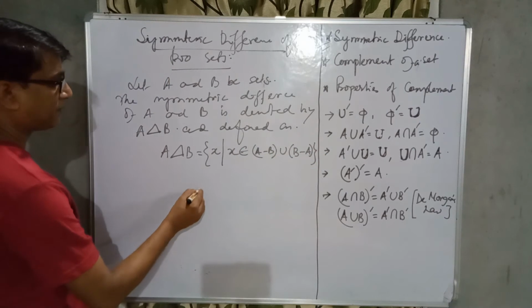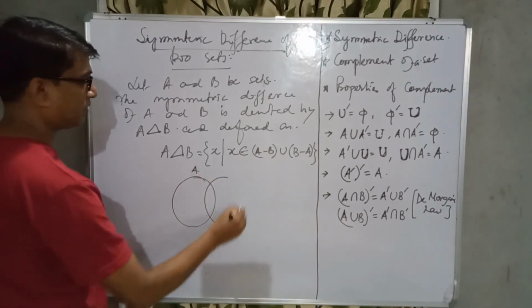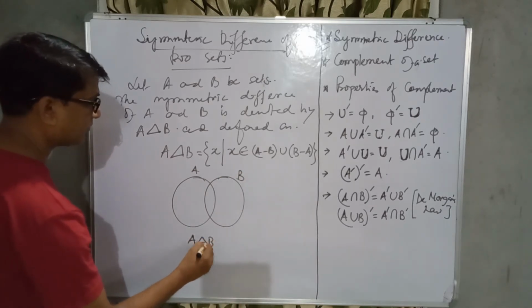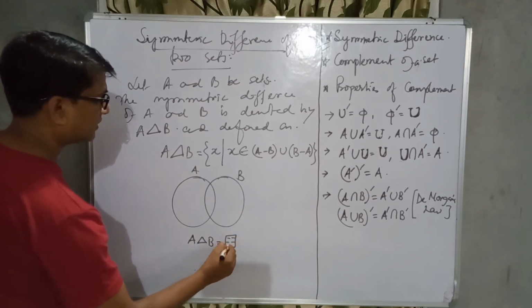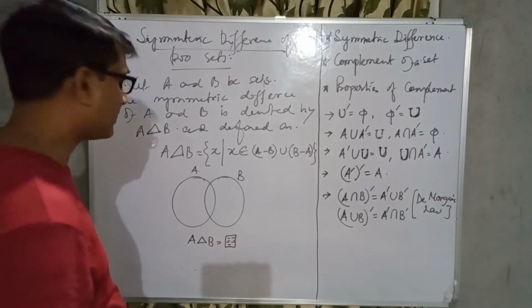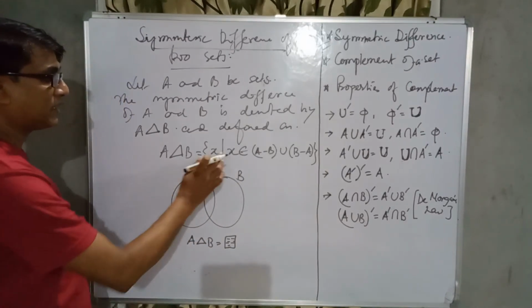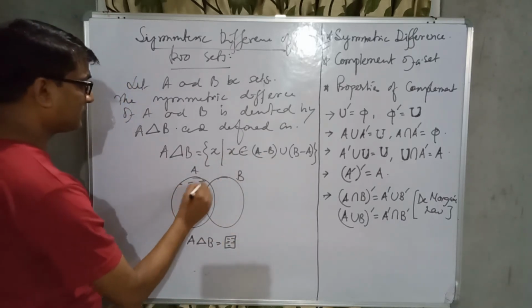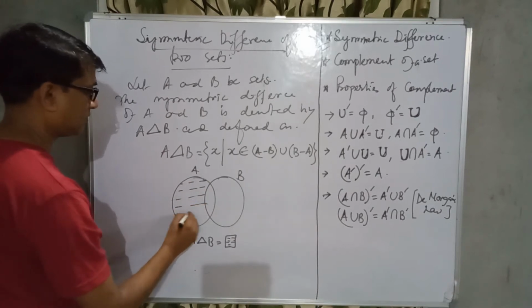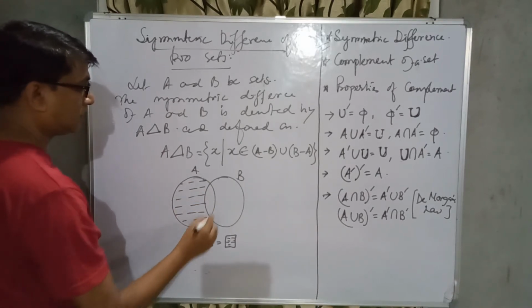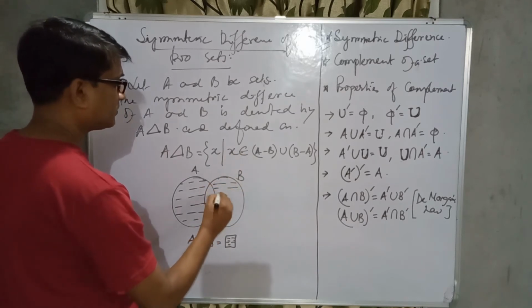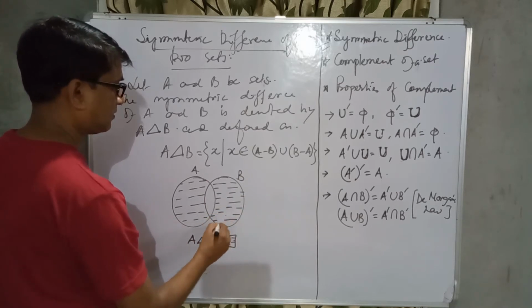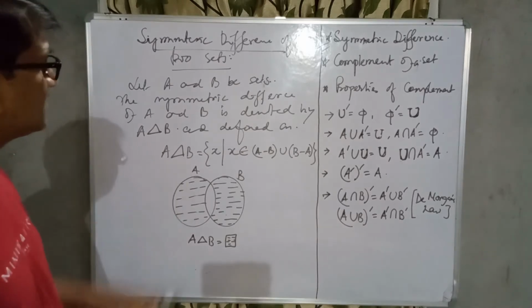Now if we see, this is A, this is B. If I draw with the help of the Venn diagram, which part is the symmetric difference? The elements which belong to A minus B, this part is A minus B, union B minus A. This part is B minus A. Clear?